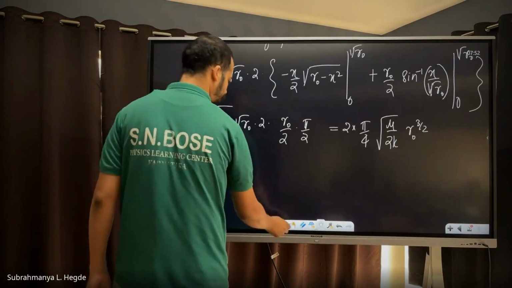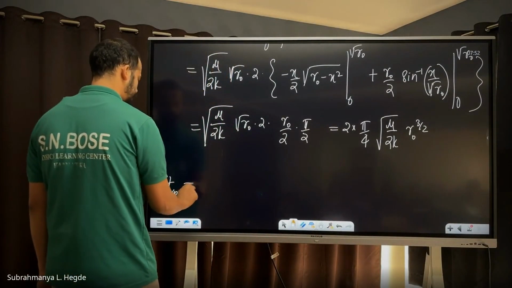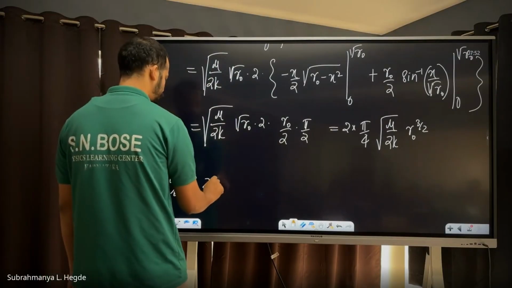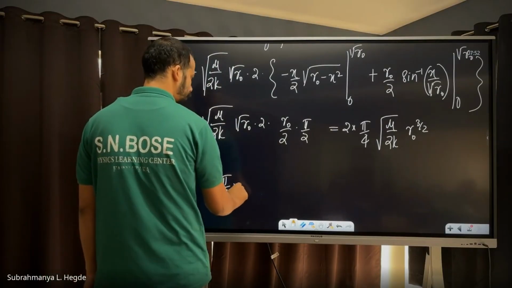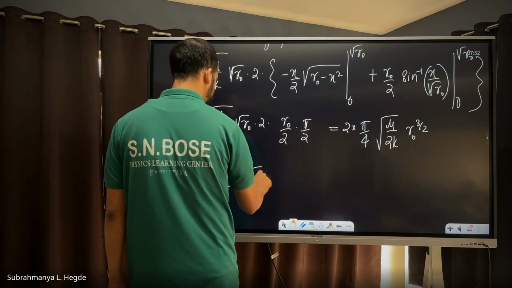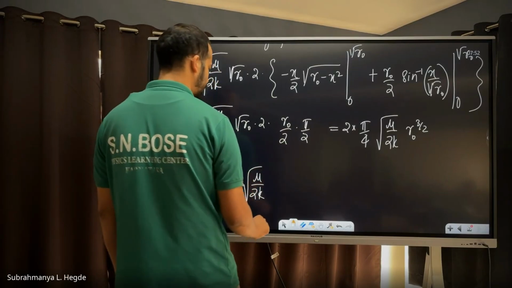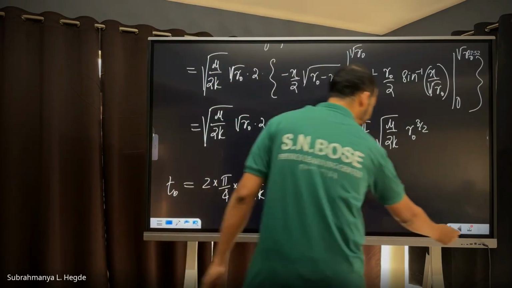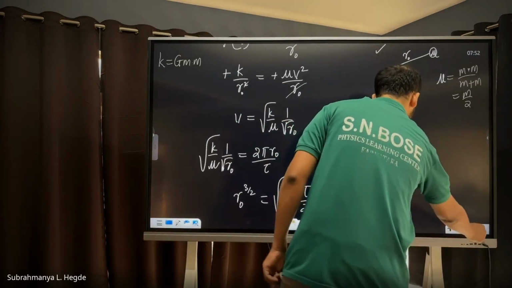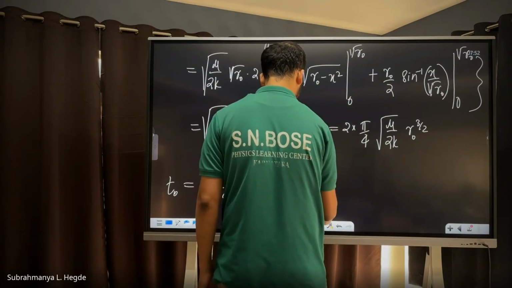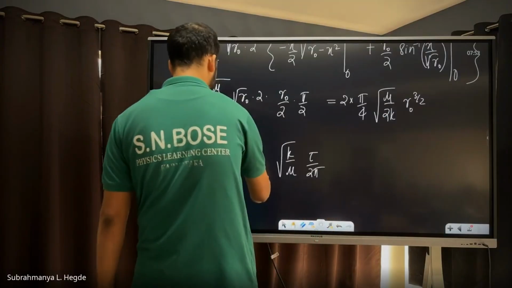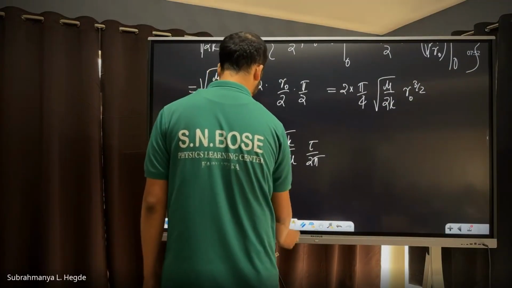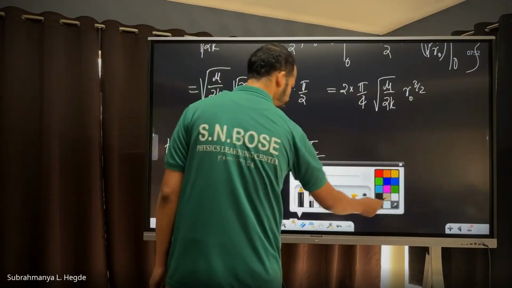That is the time we are looking for. So 2 into pi by 4 into root of mu by 2k. What is r naught power 3 by 2? Root of k by mu, tau by 2 pi.